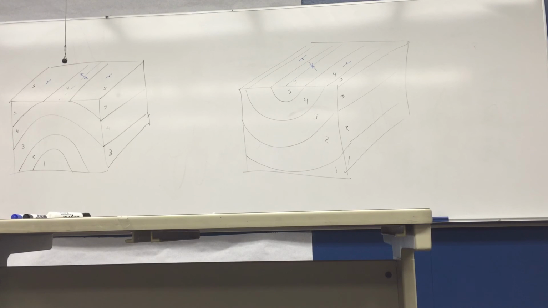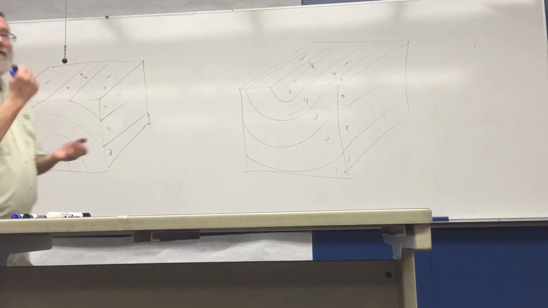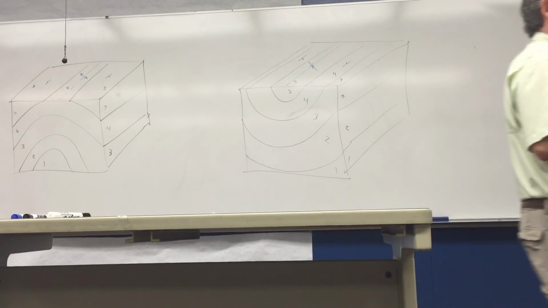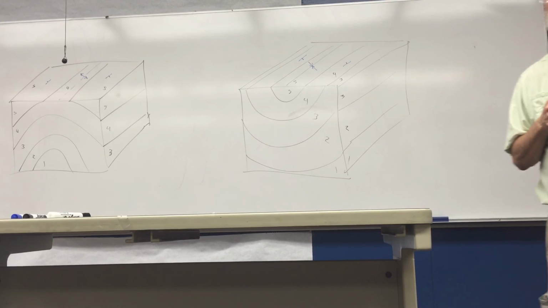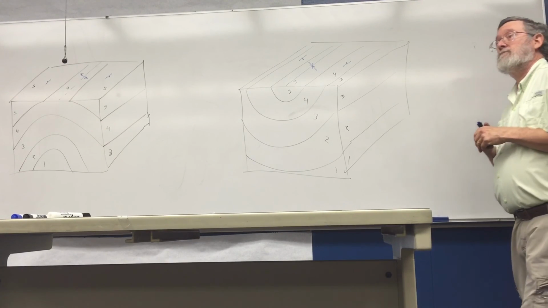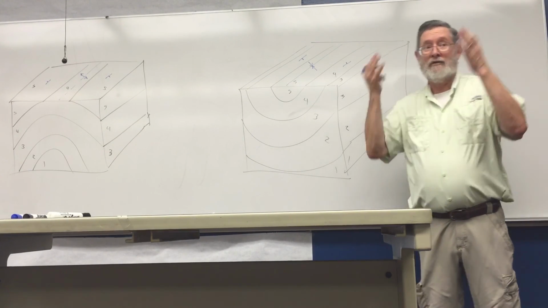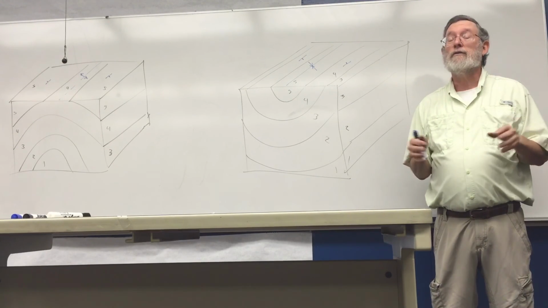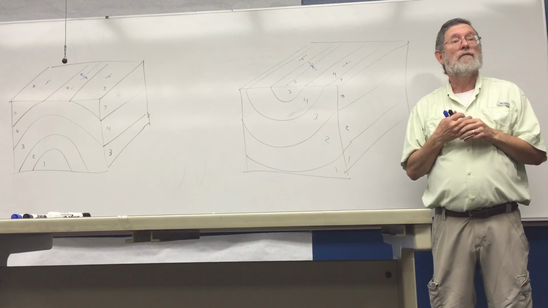So here's a challenge. On Friday, we're going to draw a plunging anticline and a plunging syncline. Except since I'm old, I'm going to feign senility and I will have forgotten how to do it.